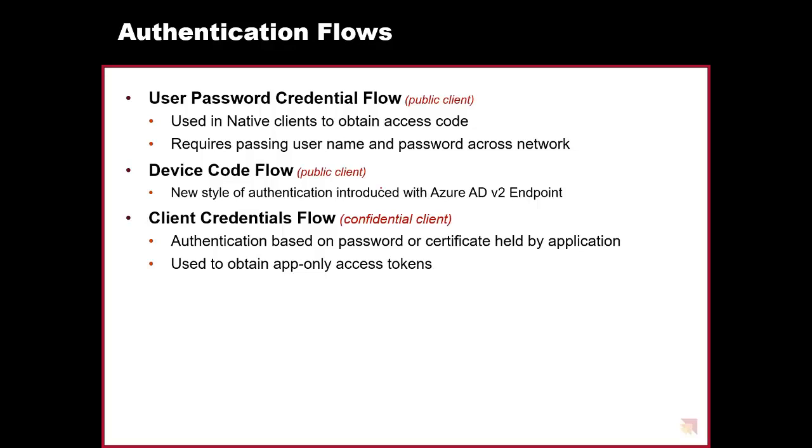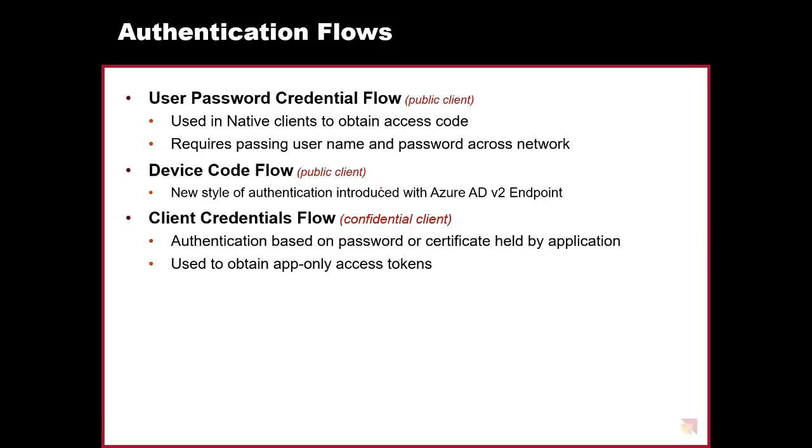Now, in my first demo, I'm going to look at a couple different authentication flows. We have the user password credential flow, which is when we take a user name and password and pass it across the network. It's seen as the least secure, but it gives us a way to authenticate quickly, and for some scenarios where security is not an issue, it works fine.